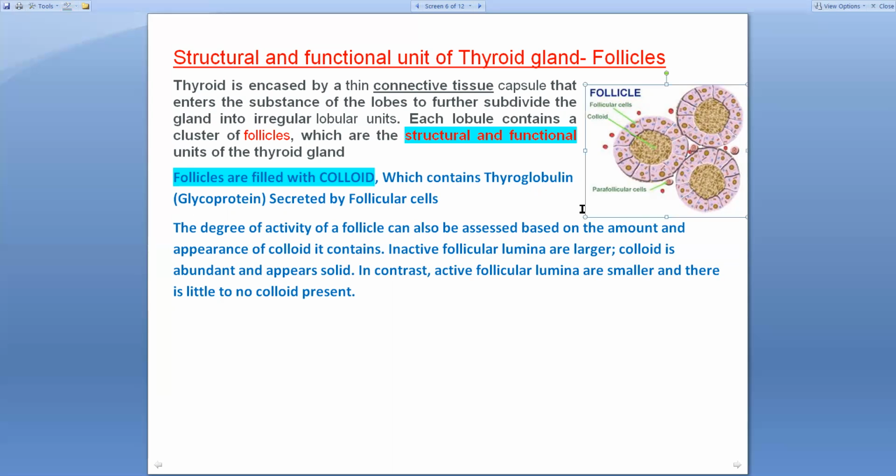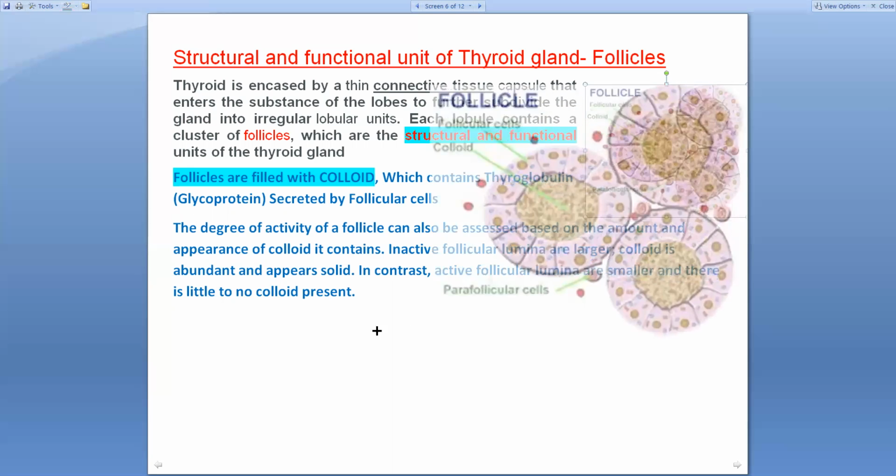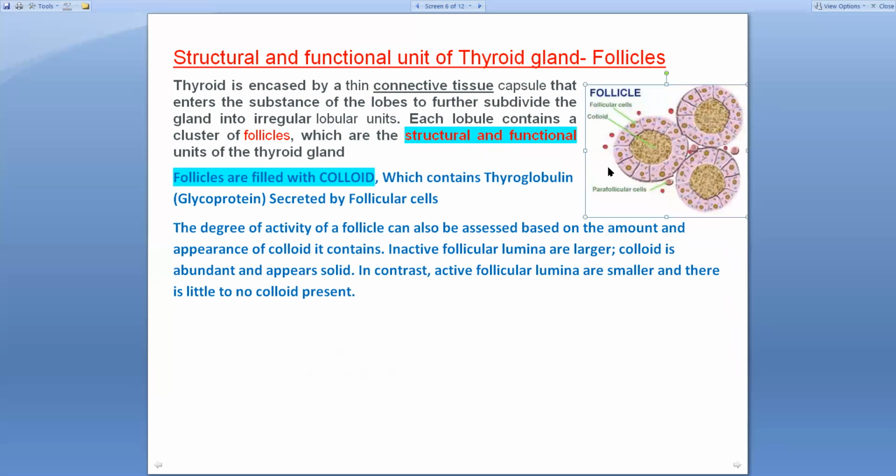As we can see in this diagram, the follicular cells are cuboidal in appearance, and inside these follicular cells, colloid is present. This one round structure is one follicle. So we can see three follicles. And between the follicles, we can see the parafollicular cells and the blood vessels, capillaries.